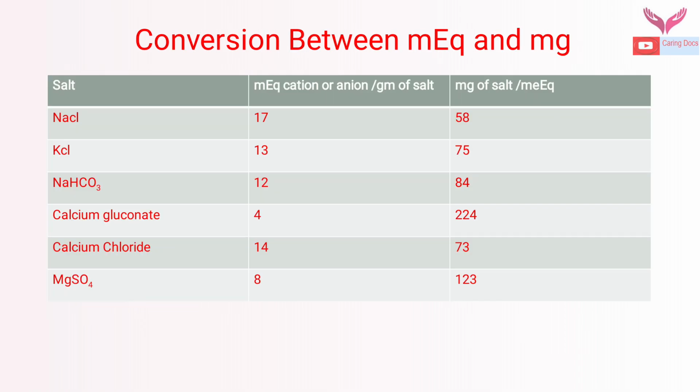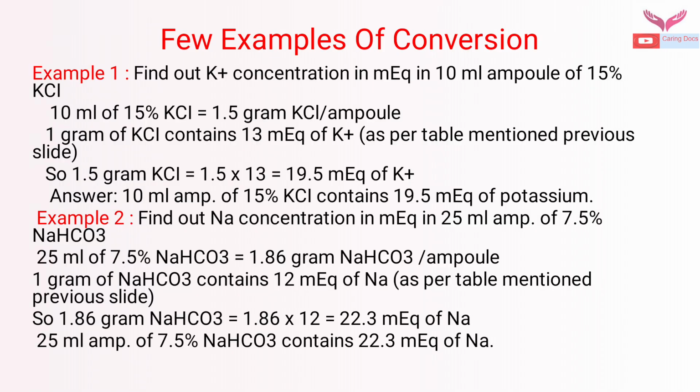Just see the previous table, potassium chloride has 13 milliequivalent. So 1.5 gram of potassium chloride will be 1.5 times 13, and we get 19.5 milliequivalent of potassium. So the 10 ml ampule of 15% potassium chloride will contain 19.5 milliequivalent of potassium.